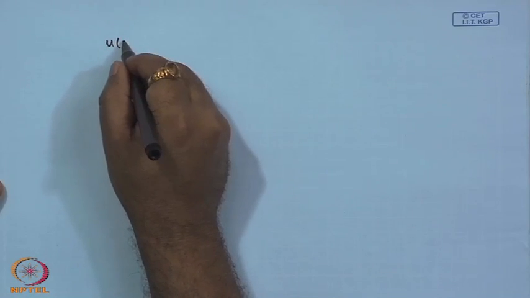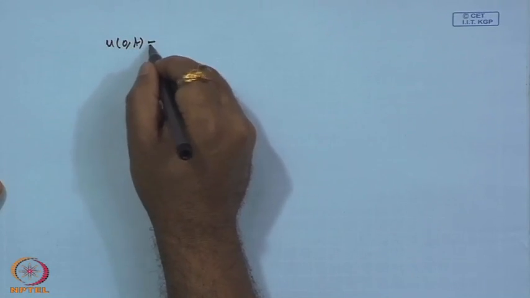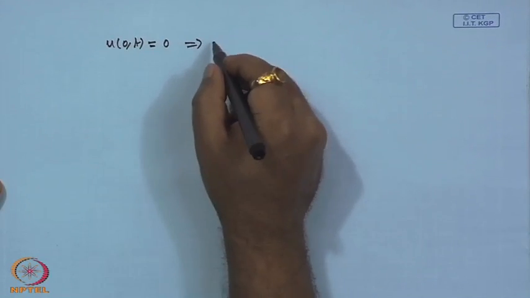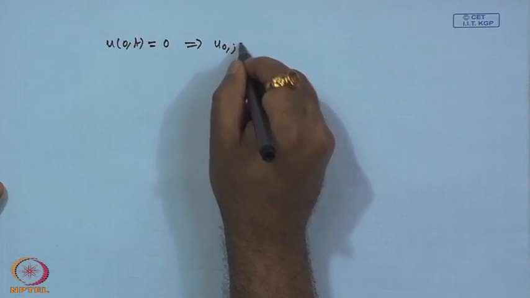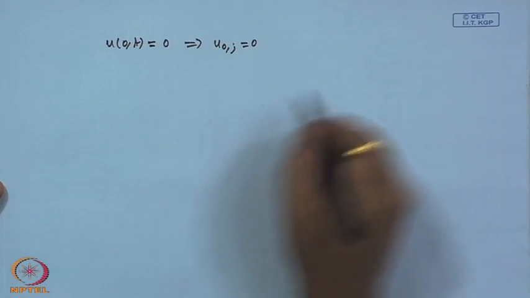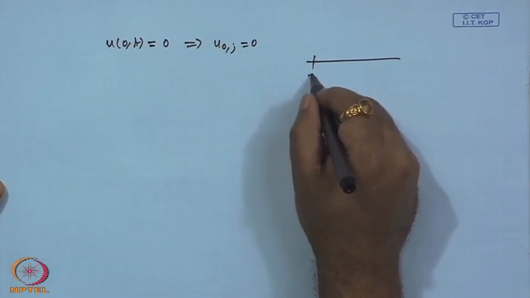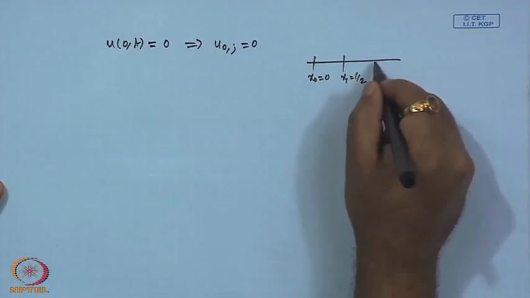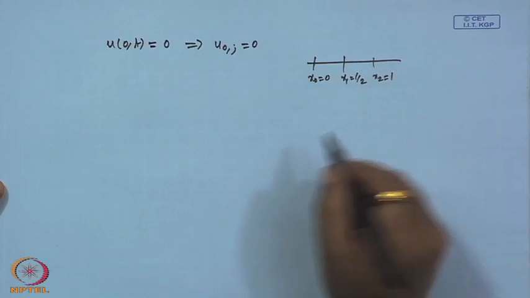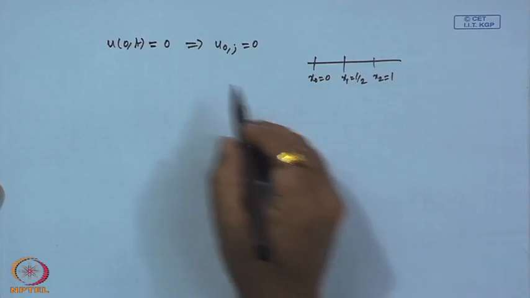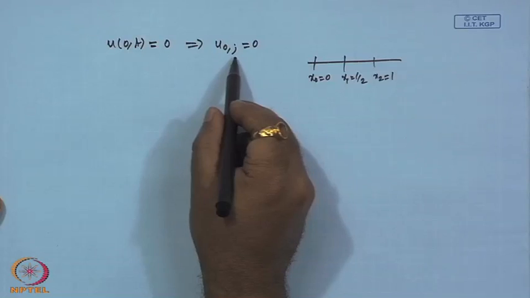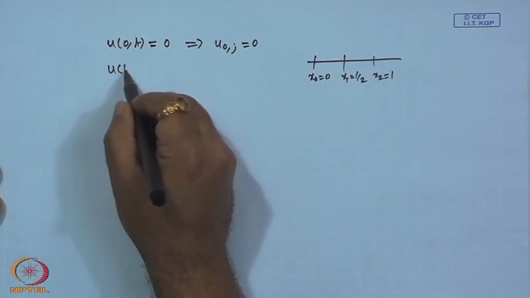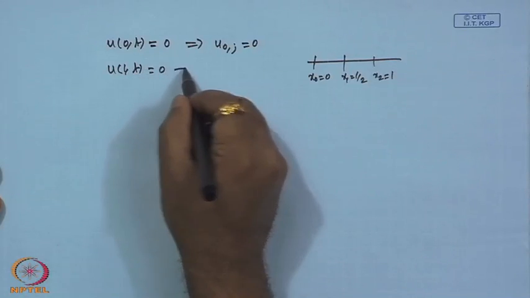u of 0, t equals 0. Okay. So, this implies u_0,j equals 0, because this is x_0 is 0, x_1 is half, x_2 is 1. So, the boundaries. Okay. So, u(0,t) is u_0,j is 0, then u_1,t is 0.